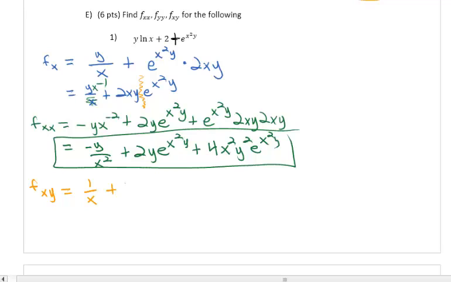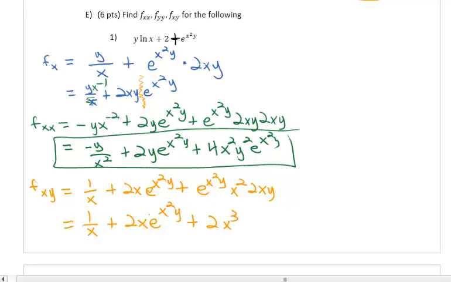The derivative of that with respect to y is 2x times the second, e to the x squared y, plus the derivative of the second, which is e to the x squared y, times x squared, times the first, which is 2xy. So we end up with 1 over x plus 2x e to the x squared y plus 2x cubed y e to the x squared y.